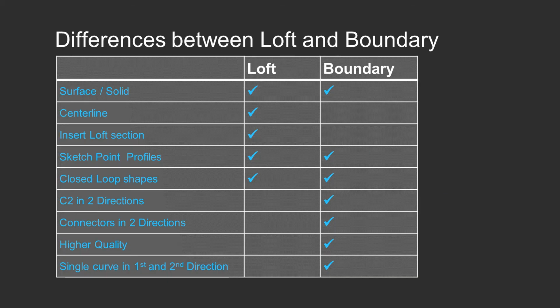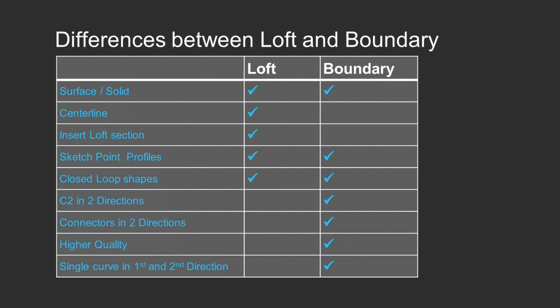Now, I mentioned a little bit about Loft being a legacy feature. The boundary surface was introduced, I believe, about 2012. I could be wrong about that. No, I'm wrong about that. I think the boundary surface was introduced in 2007 actually, even though it was worked on for a few years prior to that.